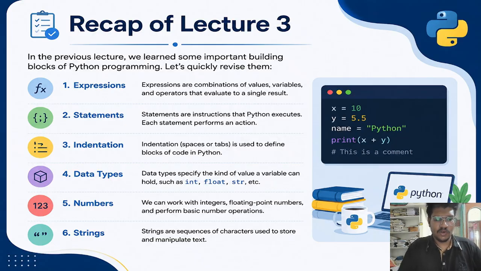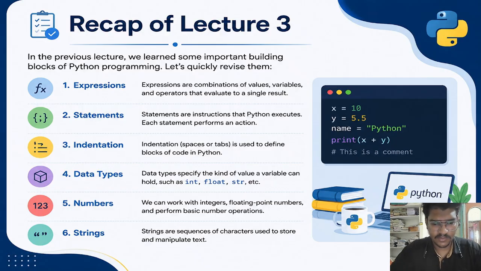Before we dive into operators, let's take a quick moment to remember the fundamental concepts we have covered previously. This will help us understand where operators fit into the bigger picture. First, we have expression. An expression is a piece of code that produces a value.